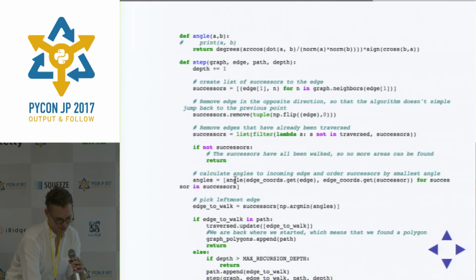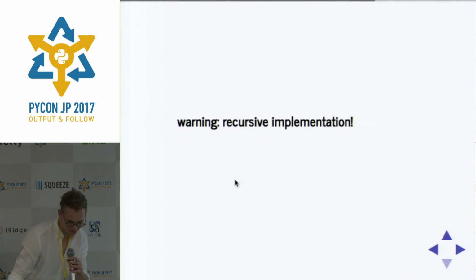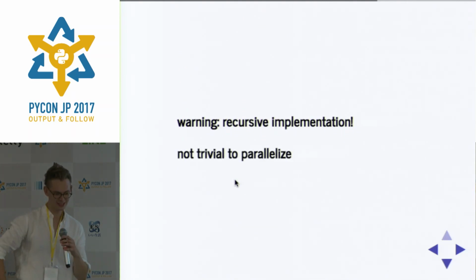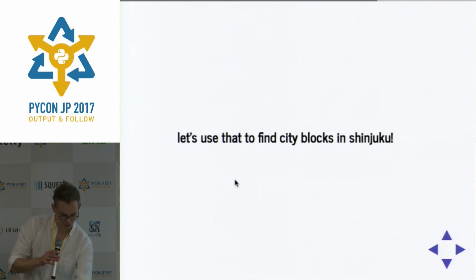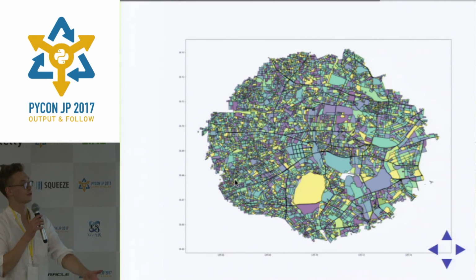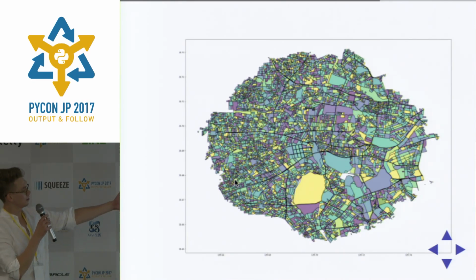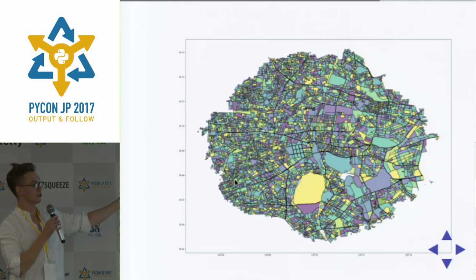And I made this, it's not my proudest code. It's a recursive implementation, and it's sort of difficult to parallelize. So it was a bit slow, but fast enough so that I could calculate city blocks for pretty large areas.